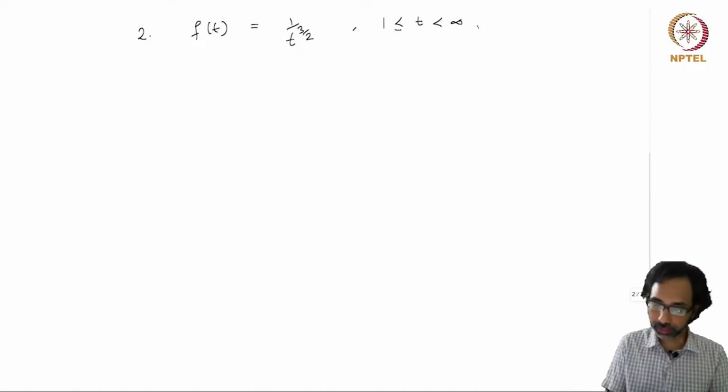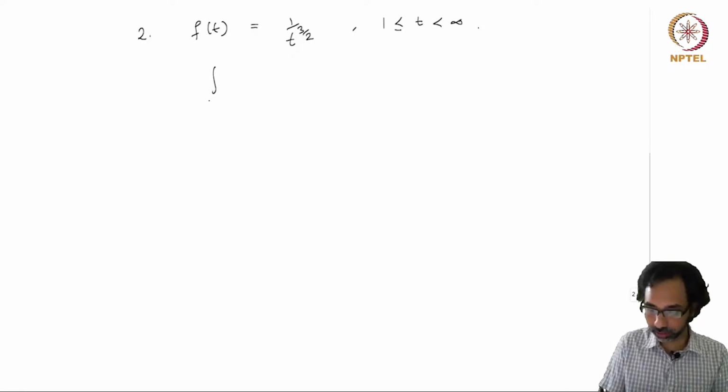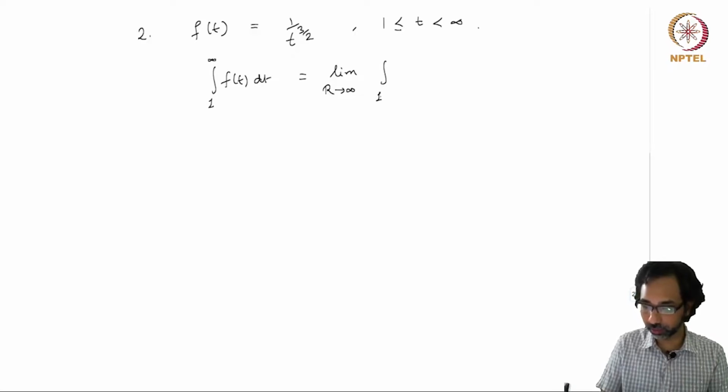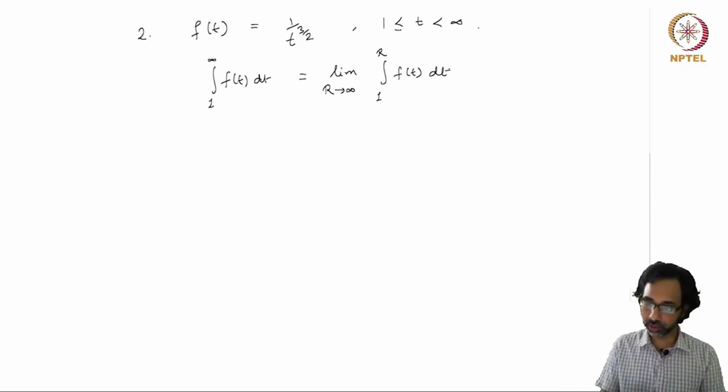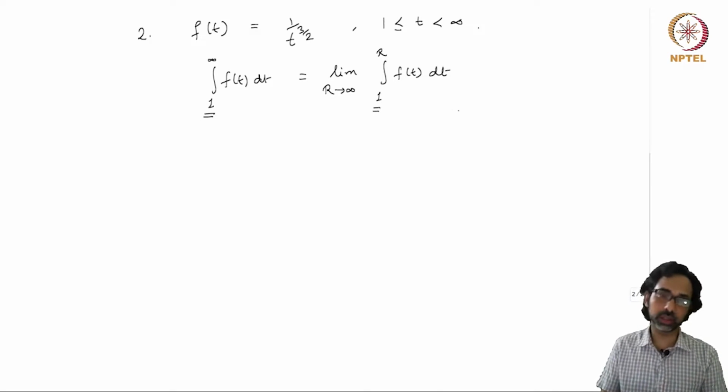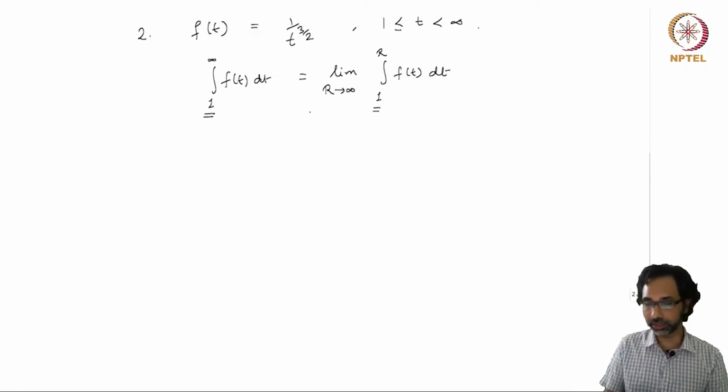Now let us see if the integral from 1 to infinity of f(t) dt exists as an improper Riemann integral or not. So we write it in the same way, the integral from 1 to r of f(t) dt. Here note that the lower limit is not 0, it is now equal to 1, but we are using the same definition for the improper Riemann integral.